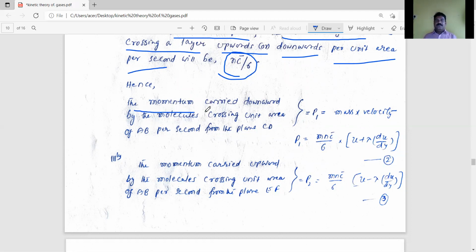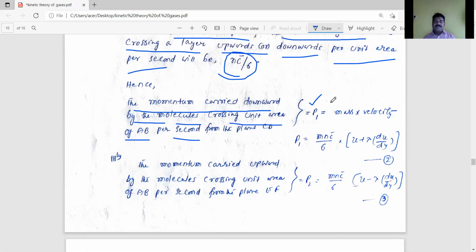The momentum carried downward by the molecules crossing per unit area of the AB layer per second, let this be P1. So the momentum carried downwards from the CD layer to the AB layer per unit area per second will be P1.